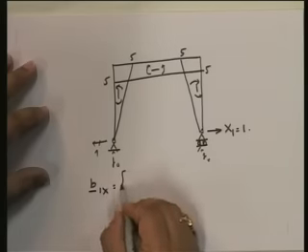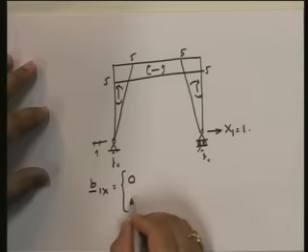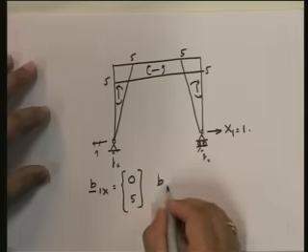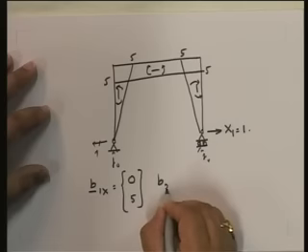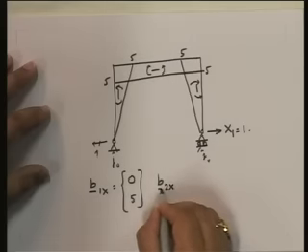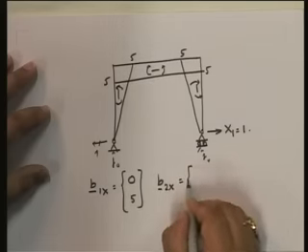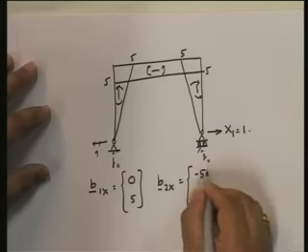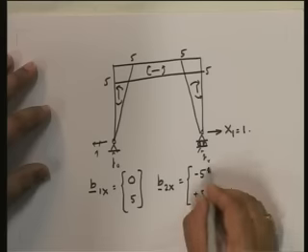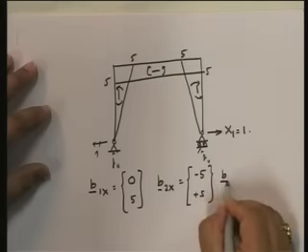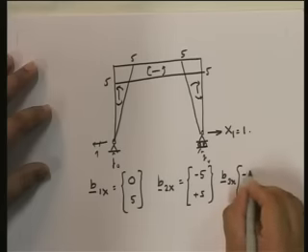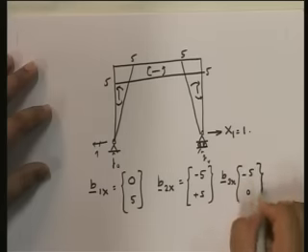Therefore B1x is equal to 0, 5, B2x is equal to minus 5, plus 5, and B3x is equal to minus 5, 0.